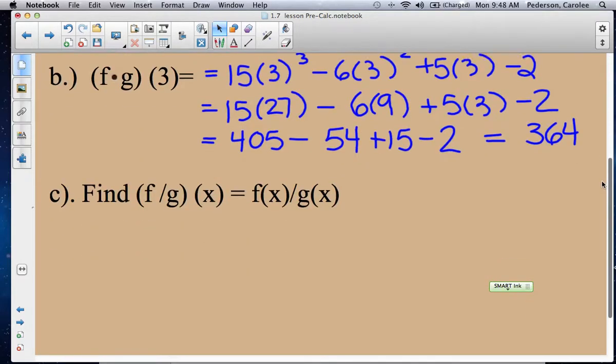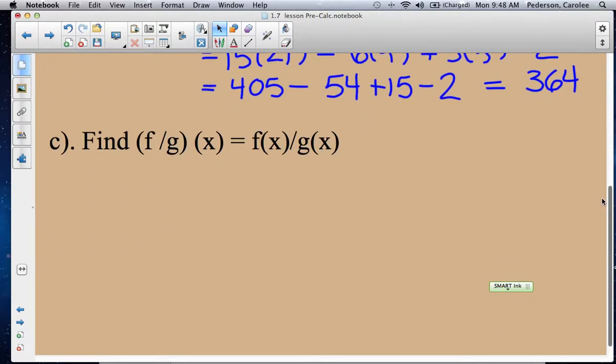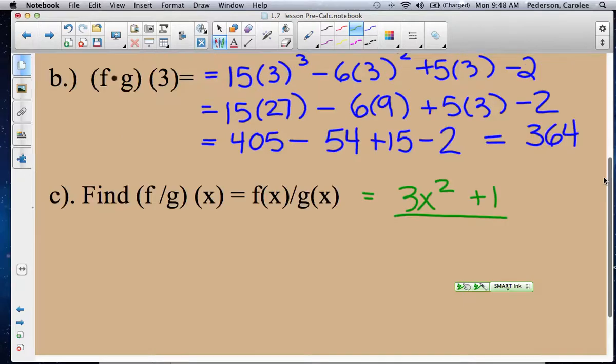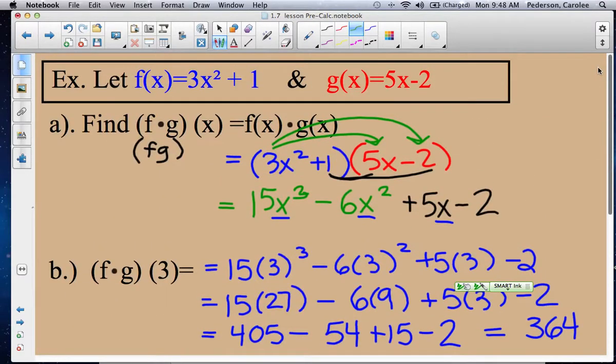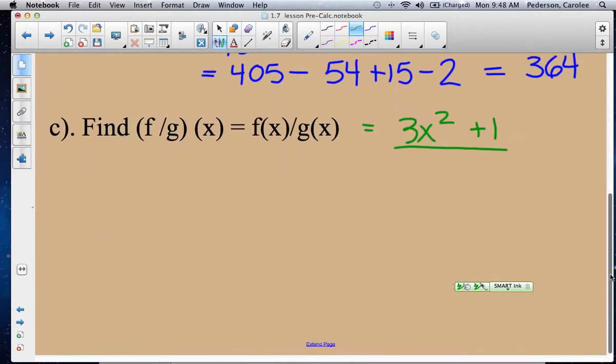So we're going to put in 3x squared in the numerator, plus 1, over 5x minus 2. And then identify if you can reduce it down. In this case, there's no factoring to worry about to have to cancel. And then the domain.